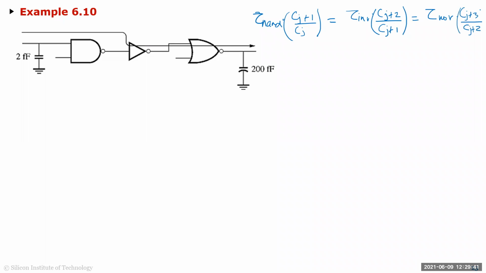Basically, this is what I want, ignoring the parasitic, which for now, let's ignore to keep it simple. And here, obviously Cj is equal to 2 femtofarad and Cj plus 3, which is the last one, is equal to 200 femtofarad.